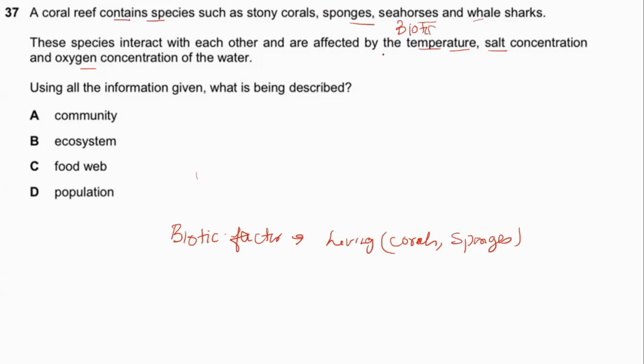As well as abiotic factors are also involved, like temperature, salt concentration. Since both biotic and abiotic factors are involved, this is an ecosystem. So the answer will be B. This is an ecosystem.